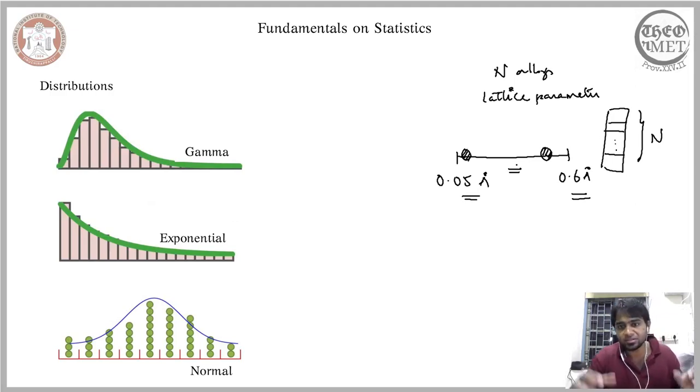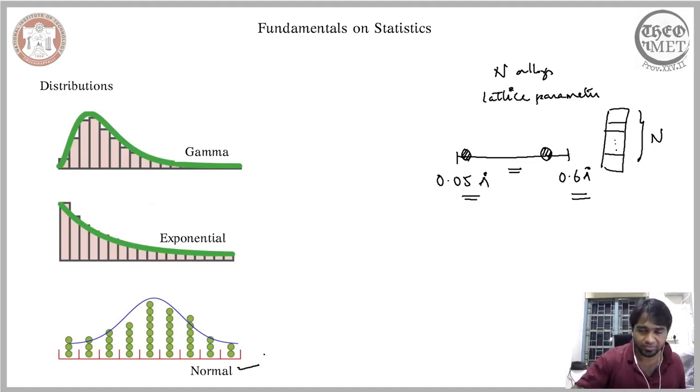When you position the alloys based on their magnitude of the lattice parameter, and the population of the alloys is concentrated on the average of the lattice parameter, what we end up having is some sort of a normal distribution.